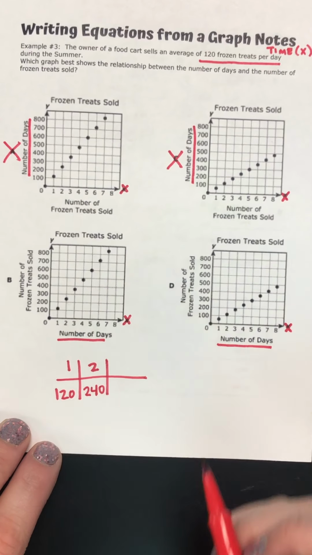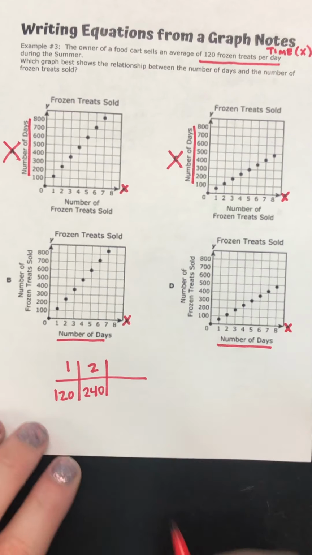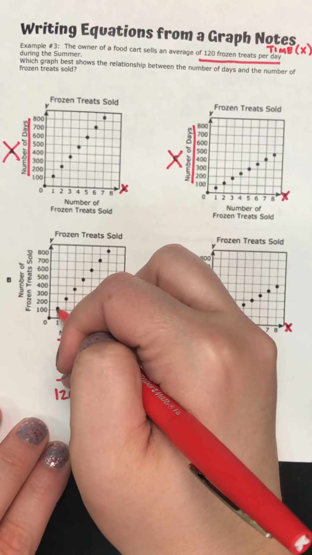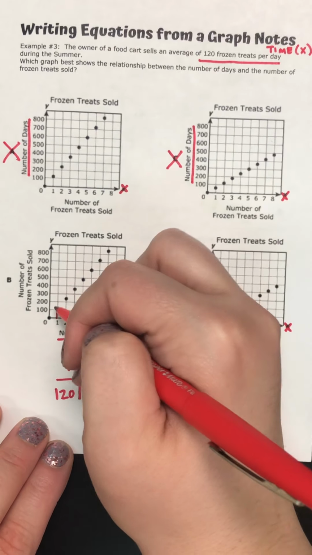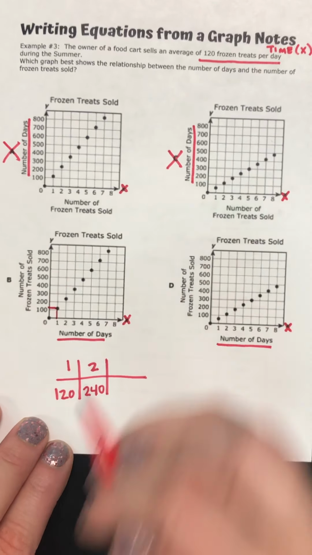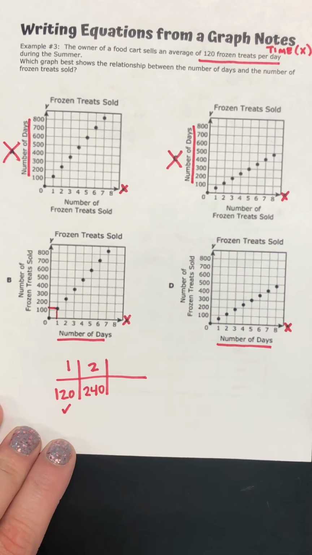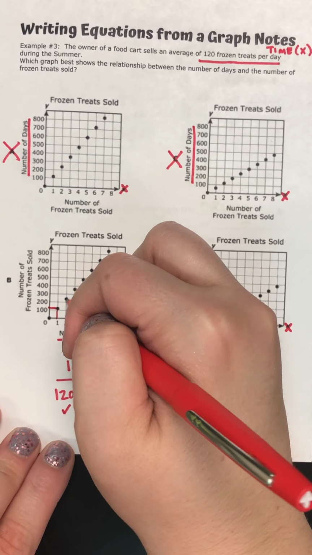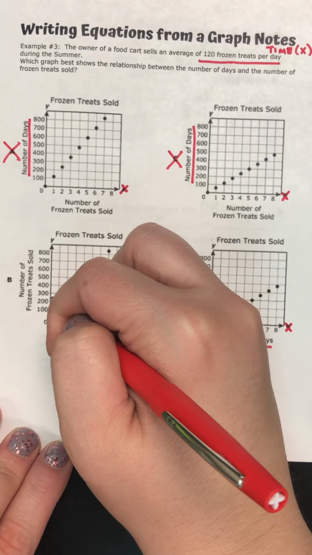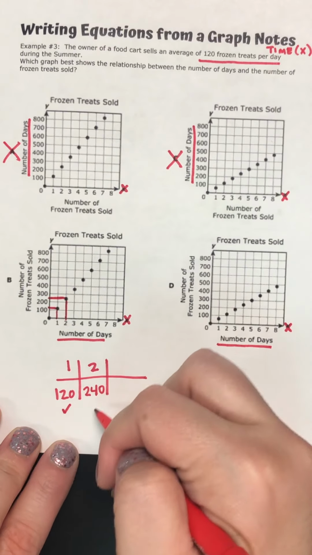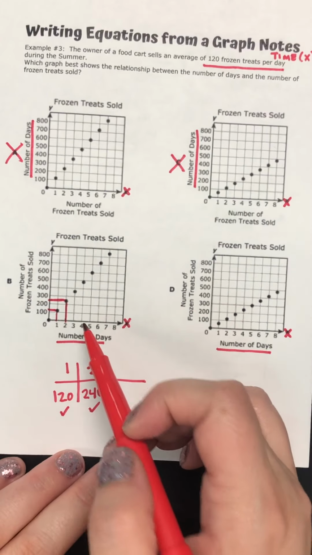So let's check. On this one, there's day 1, and we're just above the 100, so that looks like it's probably 120. And then on day 2, we're right in the middle of 200 and 300, which is probably 240. So this one's looking really good.